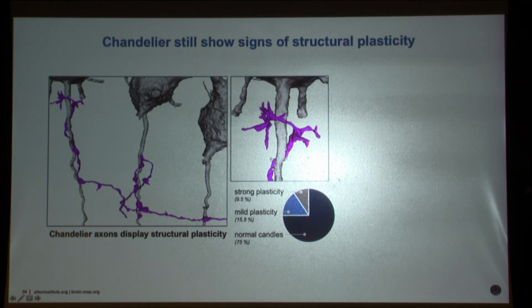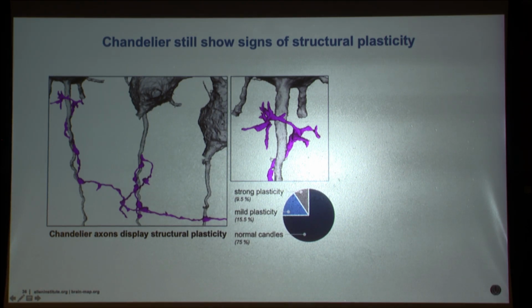And what was really fun in this, we decided this is a classic cell. There are a lot of papers, a lot of questions about this kind of cell. Let's study it. And we were very pleased to find something that's hinted at in the literature, but really not shown like this, that these axons in magenta-ish, whatever that color is, actually look extremely plastic, extremely changeable.